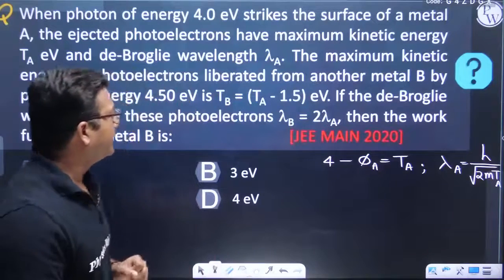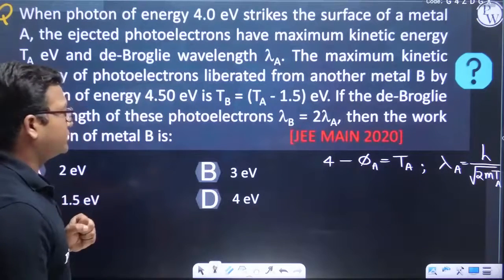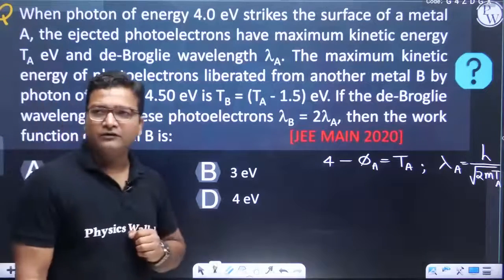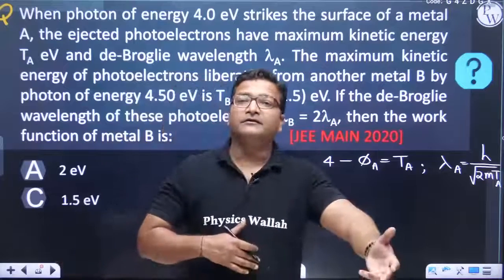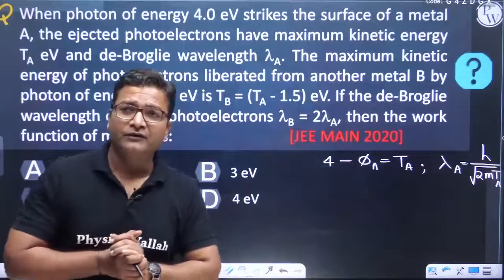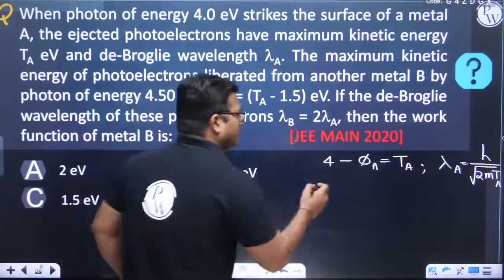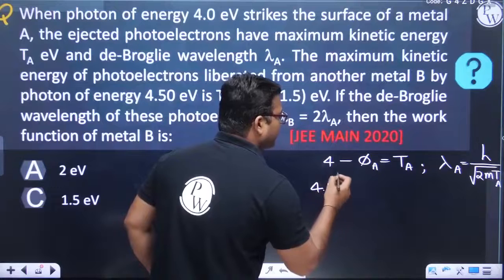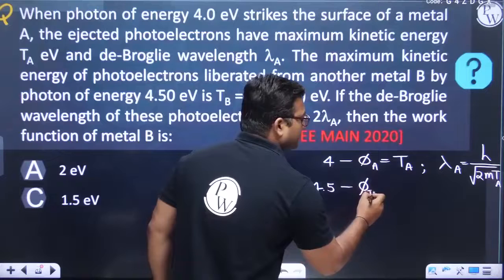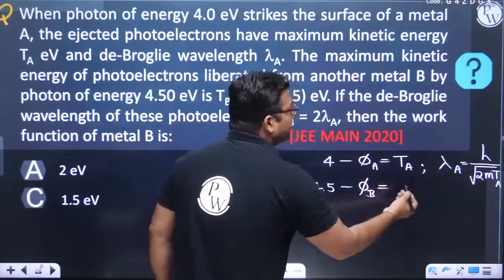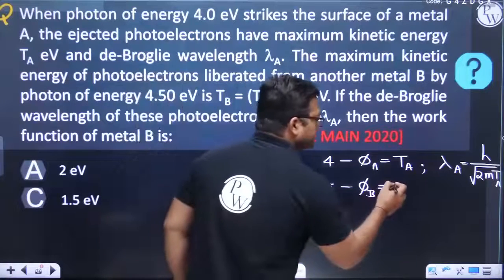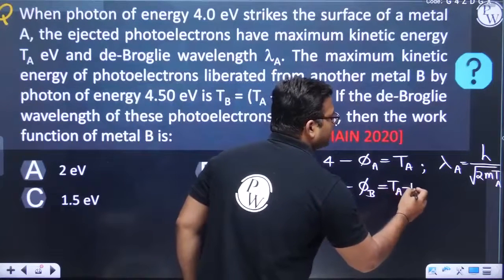Okay, that's the first equation. The next condition says the maximum kinetic energy of photoelectrons liberated from another metal B by photons of energy 4.5 electron volt is TB. So 4.5 electron volt minus the second work function, phi B, equals TB, and TB is actually TA minus 1.5, so I am writing directly TA minus 1.5.